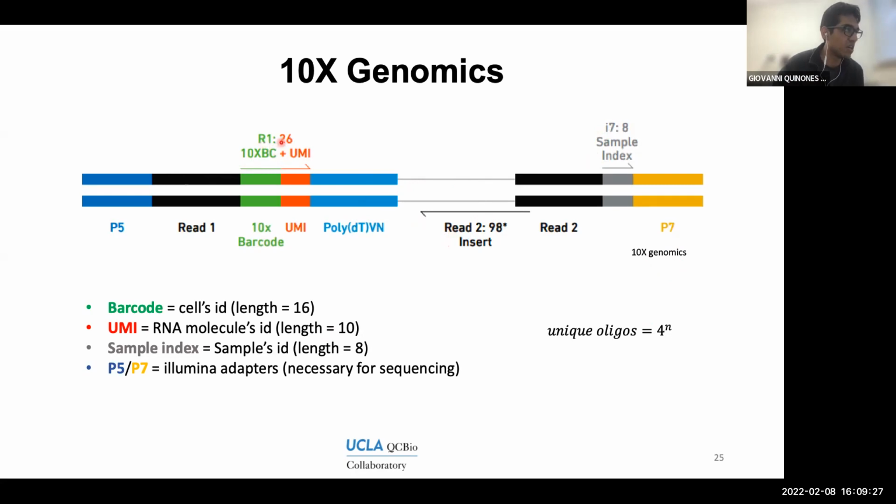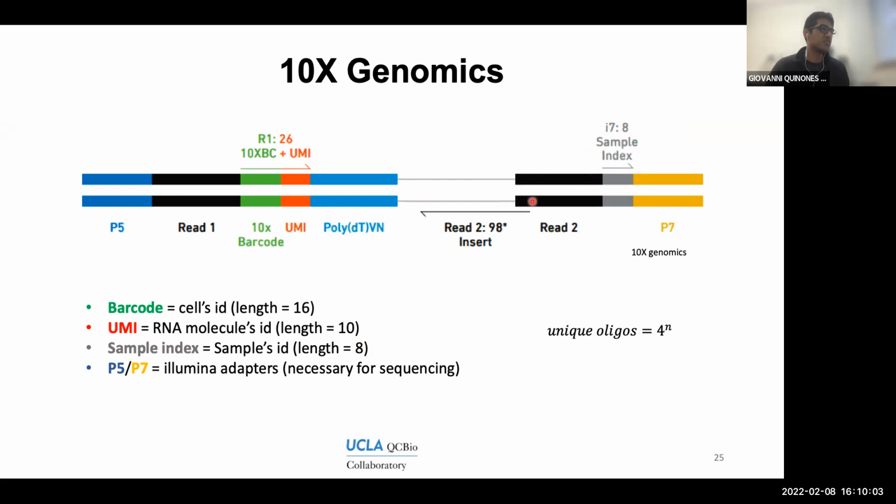And then our R1 would only sequence these 2 fragments, which is the barcode and the UMI. Our R2 will sequence the actual sequence of interest, the sequence of the RNA we just captured. And then our I1 sequence would be the sample index, which is only 8 bases, and will only give us information about what sample this is coming from.